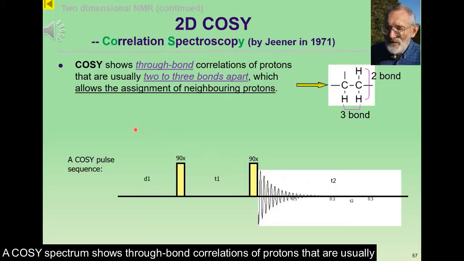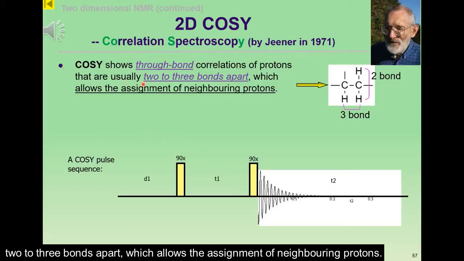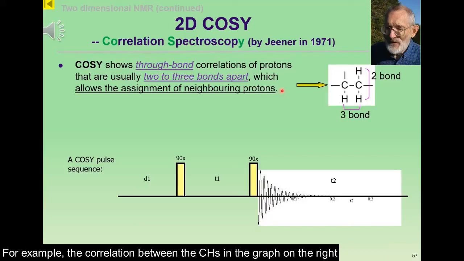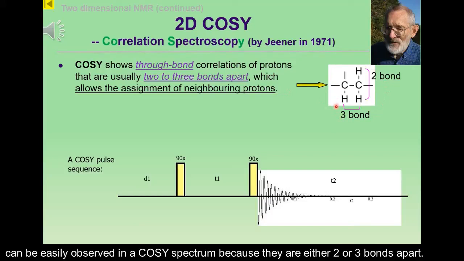A COSY spectrum shows through-bond correlations of protons that are usually 2 to 3 bonds apart, which allows the assignment of neighboring protons. For example, the correlation between the CHs in the graph on the right can be easily observed in a COSY spectrum because they are either 2 or 3 bonds apart.